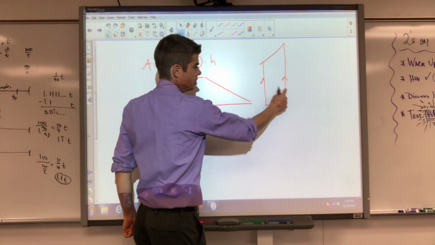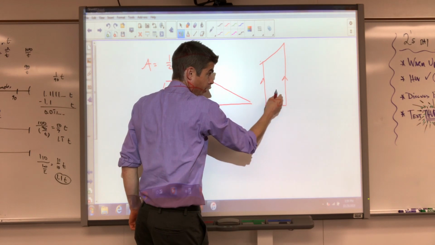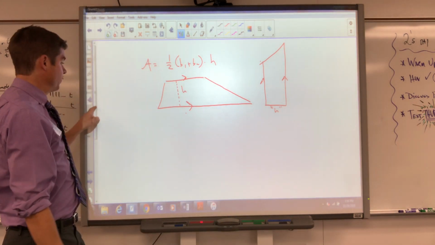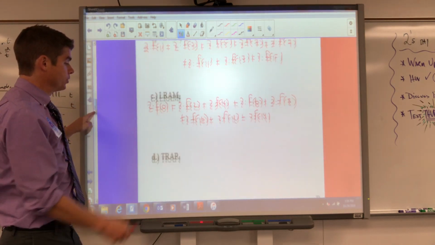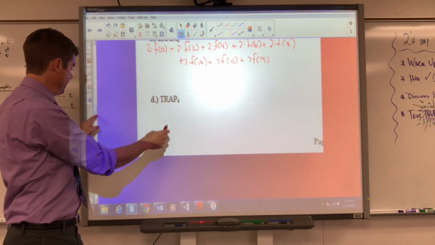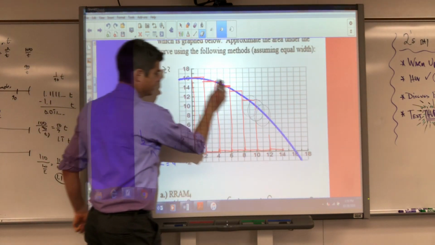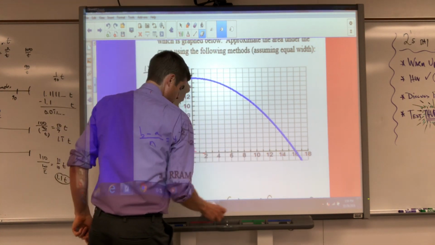So you're going to average these two function values. So this function value plus this function value divided by 2 times your interval. So if I have, I believe 4, right? I have 4 trapezoids that I want to create. That means that the width is 16 minus 0, which is 16, divided by 4 is 4.